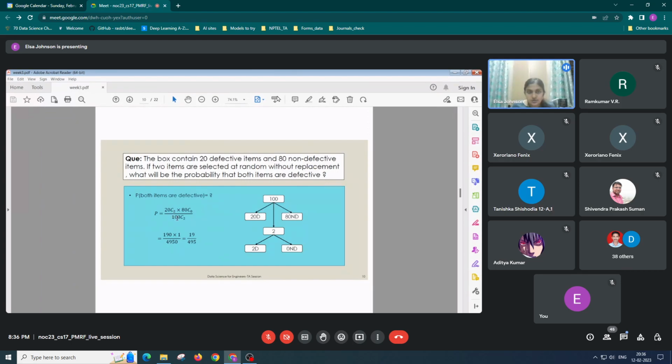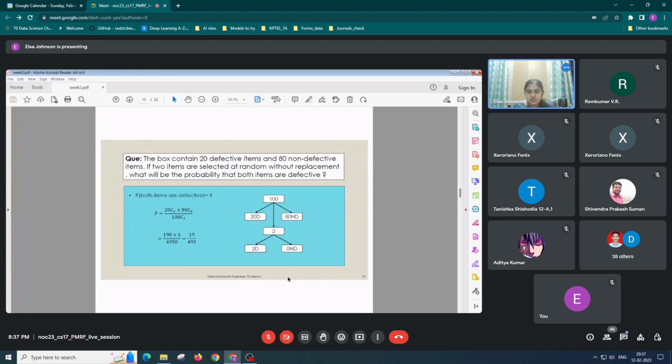The combinations are 100 C2 for the whole thing, then 20 C2 from the defective, and 80 C0. If we do it like that, then we'll get this probability.